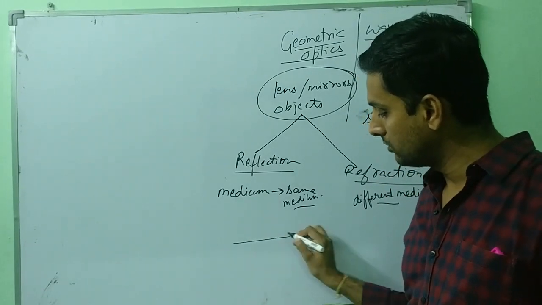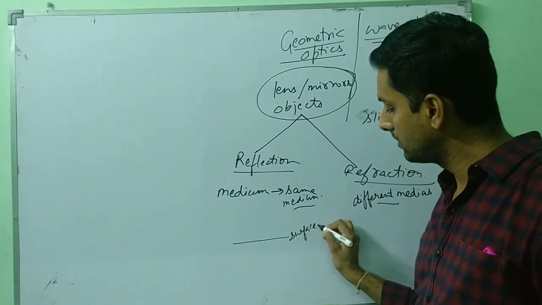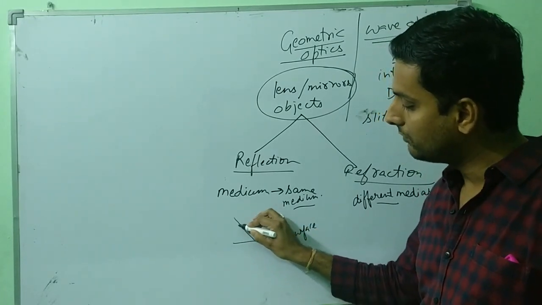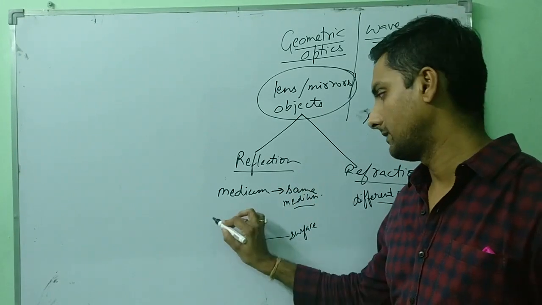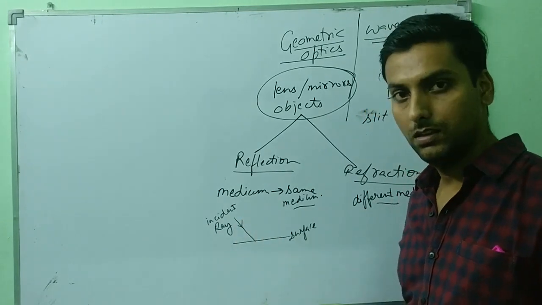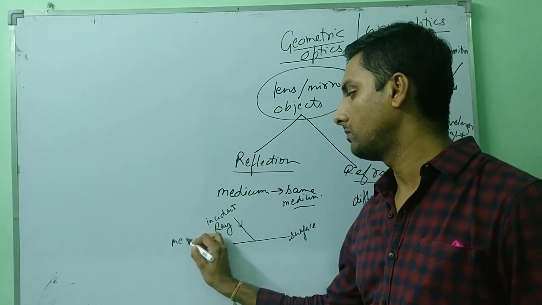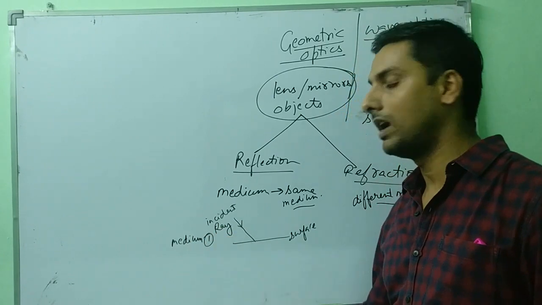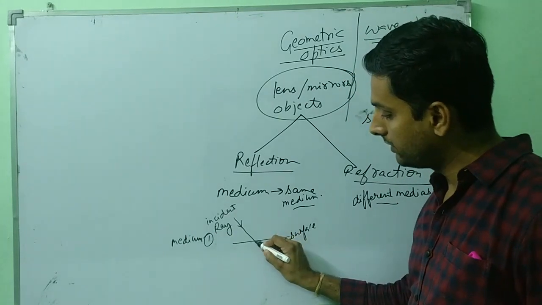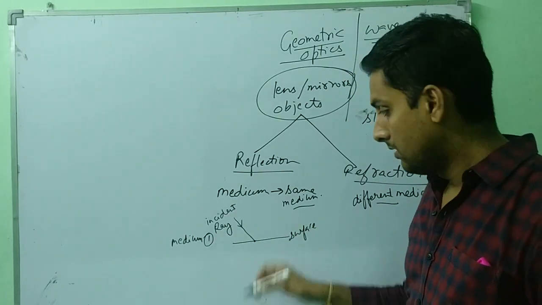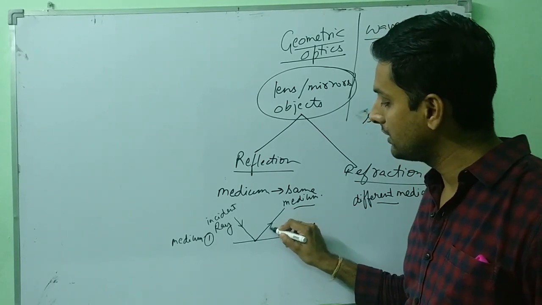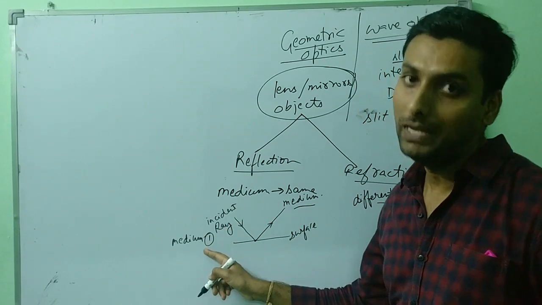For example, let's suppose this is a surface on which the light will strike. This is your striking light, which you always term the incident ray. This incident ray is coming from some medium 1. Let it be air, water or anything else. And after striking the surface, this incident ray bounces in the opposite direction but remains in the same medium.